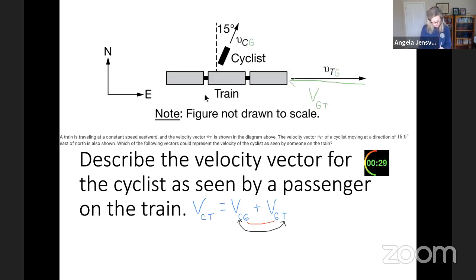So if I draw them over here, it would be the velocity of the cyclist relative to the ground. Now when you add vectors, you put them head to tail, right? Add this vector, the velocity of the ground relative to the train. And then our resultant vector is this one, the velocity of the cyclist relative to the train. So how would you describe that vector? I would say that it's north of west.